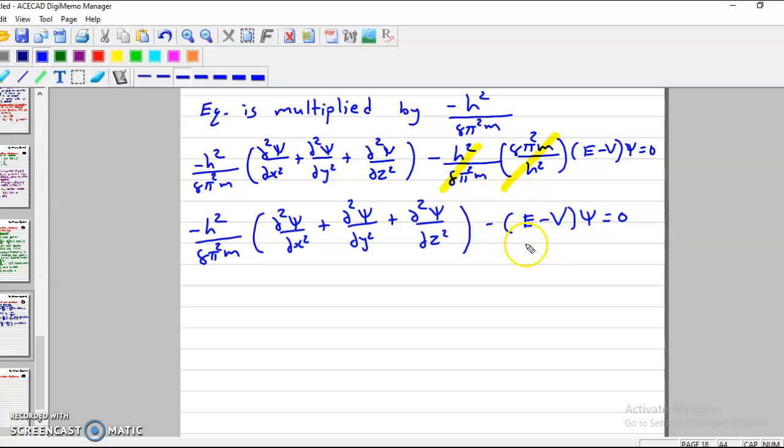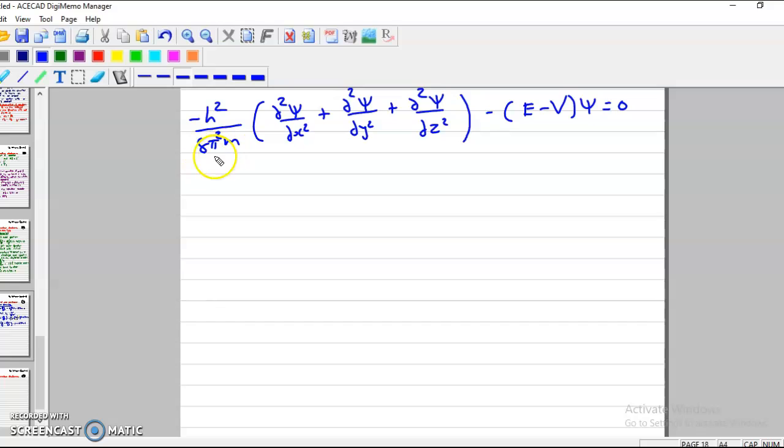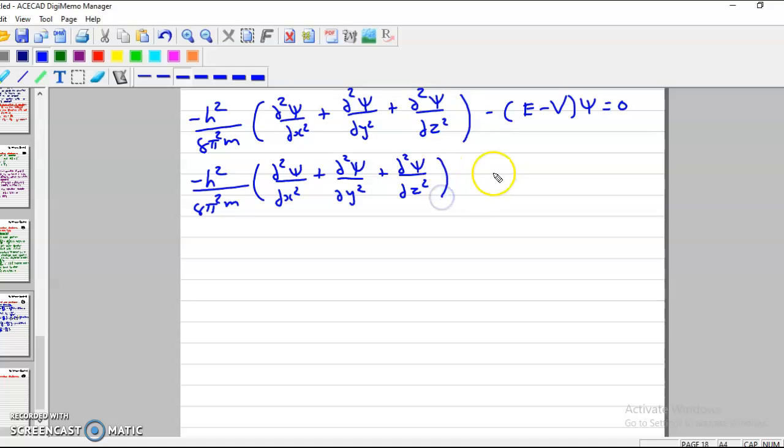Now we will open this bracket and now we write minus h square upon 8 pi square m into (del square psi upon del x square plus del square psi upon del y square plus del square psi upon del z square) minus E psi, minus minus become plus, plus V psi is equal to 0.